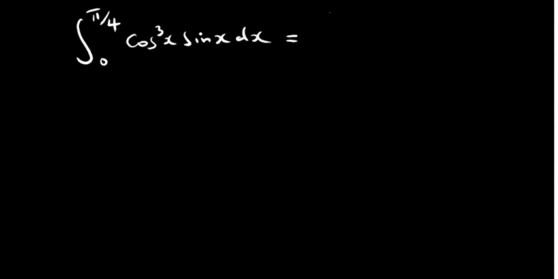We had integral from 0 to pi out of 4 of cos cubed of x sine x with respect to x. Now we have changed the limits, remember, so it is going to be from 1 to 1 over root 2 of u cubed.